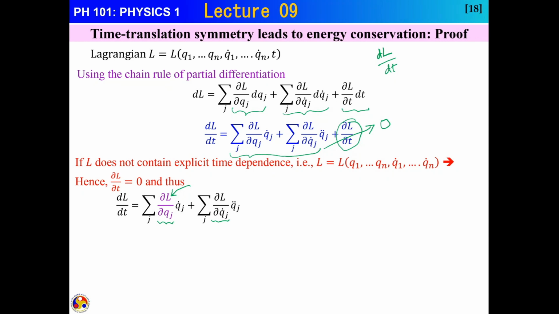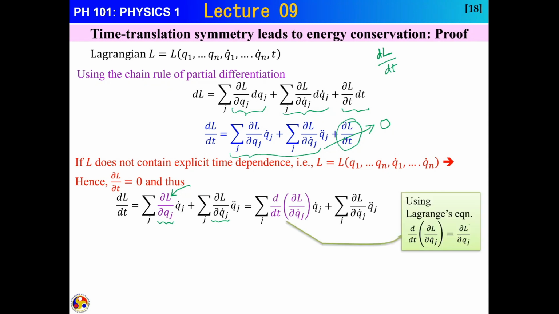And that's what the Lagrangian helps you to do, because what we all know, if I take Lagrange's equation, the time derivative of the partial derivative of the Lagrangian with respect to generalized velocity, minus the partial derivative of the Lagrangian with the generalized coordinate, is 0. Therefore, I can move this to the right side. So instead of this term, I can substitute this part.